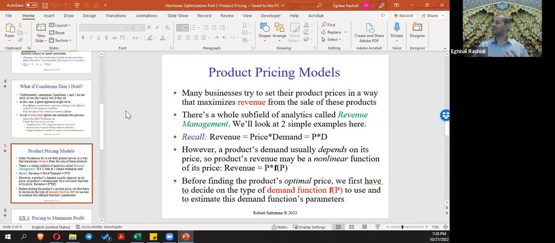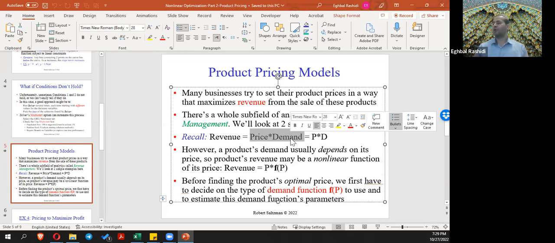So that's actually a good signal for us to model this problem as a nonlinear function rather than a linear function. There is a whole subfield of analytics called revenue management, which is around this idea. So the simple function is price multiplied by demand.